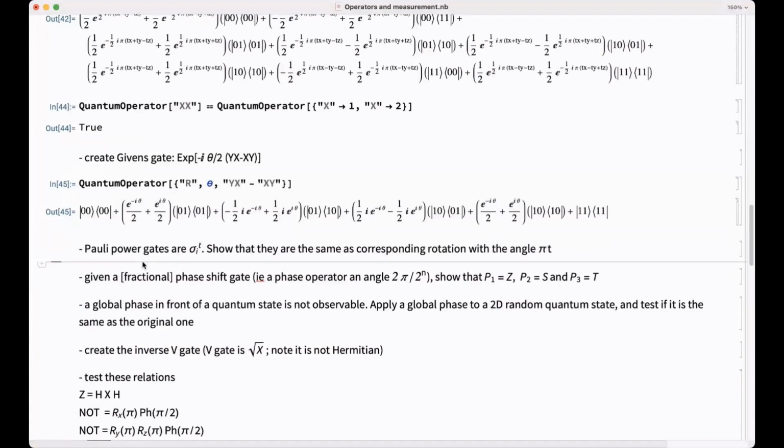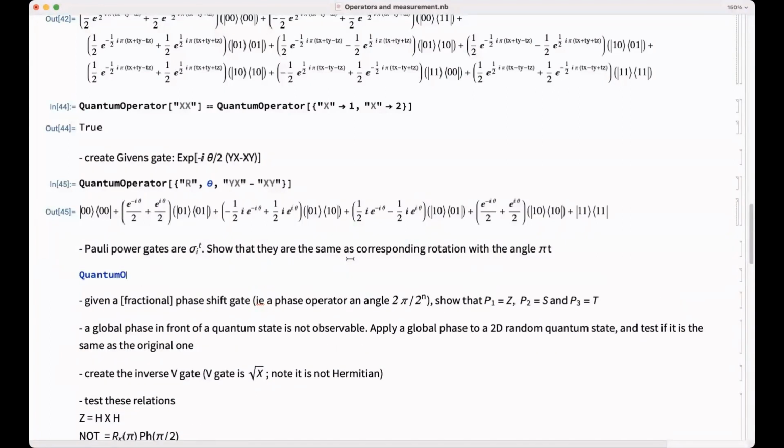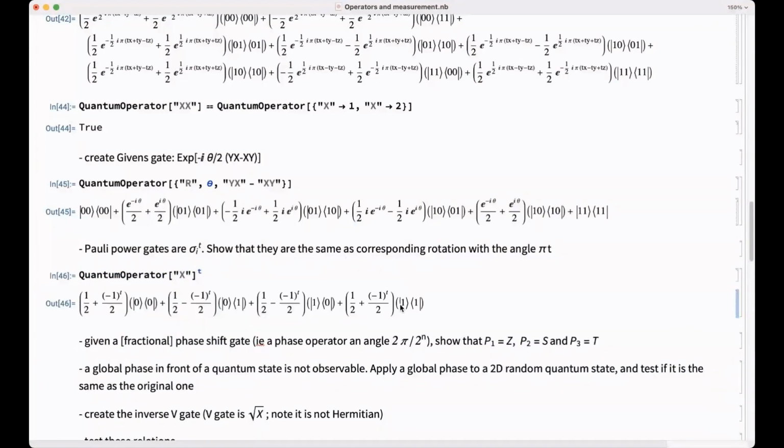Okay, next one, you would see it a lot, especially for variational approaches, the Pauli power gates. It's literally a Pauli operator raised to a power. It says to show that it's the same as rotation along the same angle.